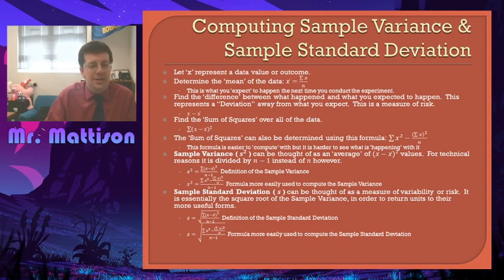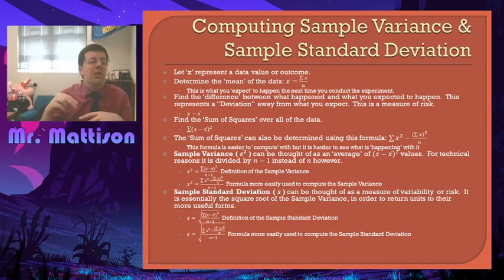So once they're all positive, now we can add them all up to find the sum of the squares of the differences. This little summation symbol: we subtracted all of them, we then squared each of those, and now we're going to add all of them up. For my example, I got 2 inches as my difference.